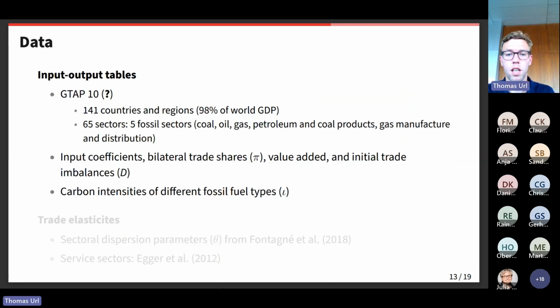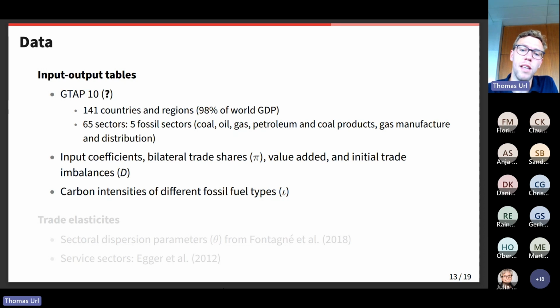The data we use comes from the Global Trade Analysis Project. It has 141 countries and regions, covers 98% of world GDP. It has 65 sectors. 5 of them are fossil fuel sectors, namely coal, oil, gas, petroleum and coal products, and gas manufacture and distribution. This is what I said.